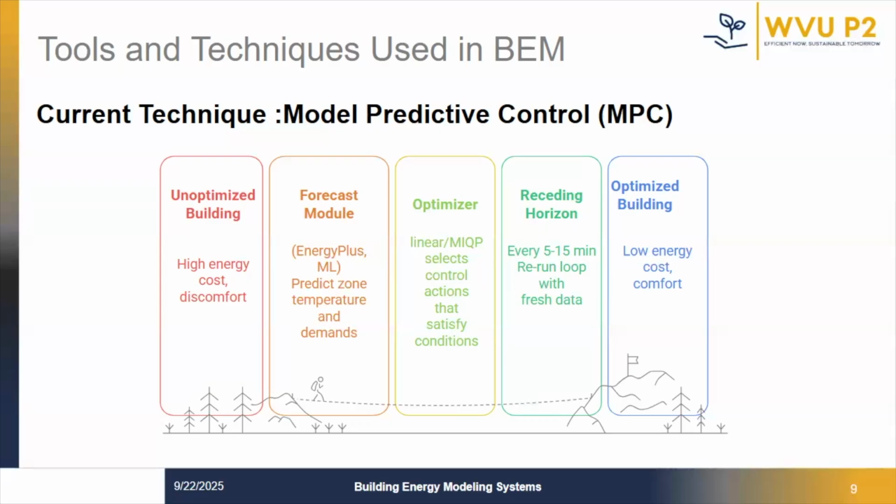An optimizer then calculates the most efficient control actions that maintain comfort, and this entire process repeats on a receding horizon every 5 to 15 minutes, continuously adapting to new data. The result is an optimized building that achieves both lower energy cost and improved occupant comfort through proactive rather than reactive management.